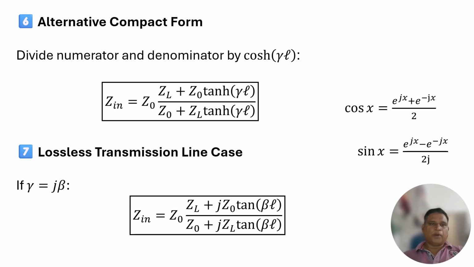This is the alternative compact form for the input impedance of the transmission line.